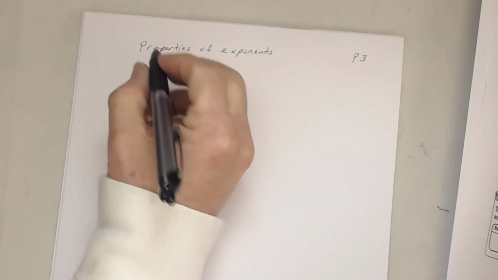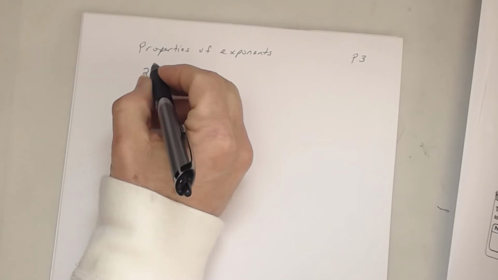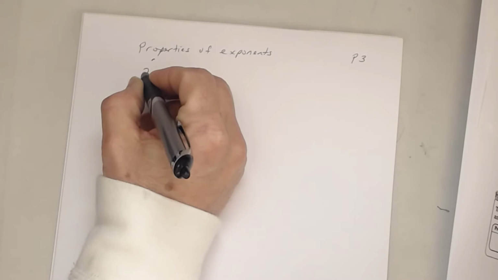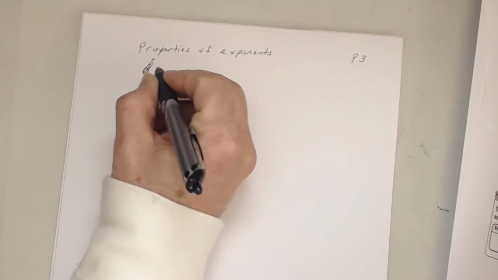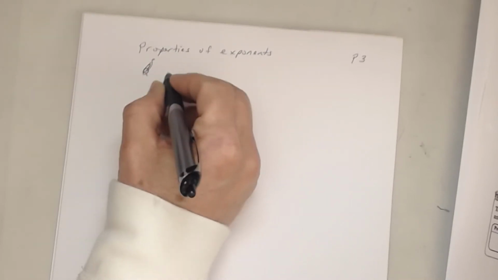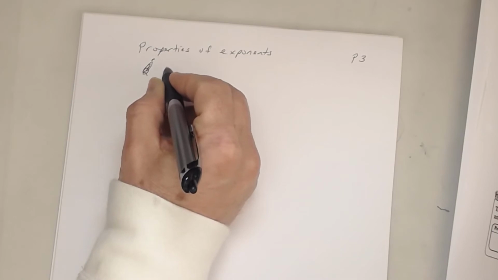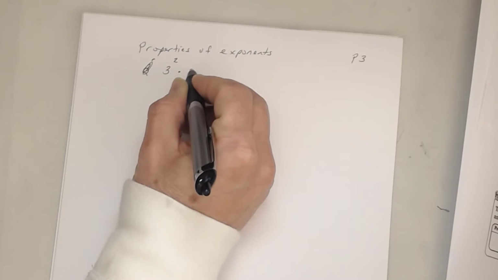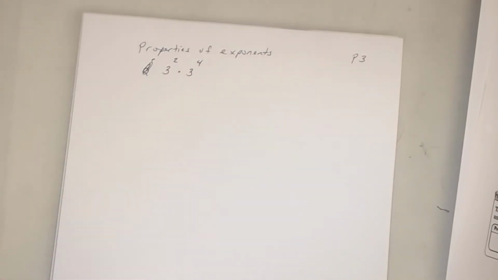All right, so if I have, listen carefully, if I have 2, let me go ahead and make it a 3, because I didn't want the base and the exponent to be the same. If I have 3 squared times 3 to the 4th power. Now listen carefully.